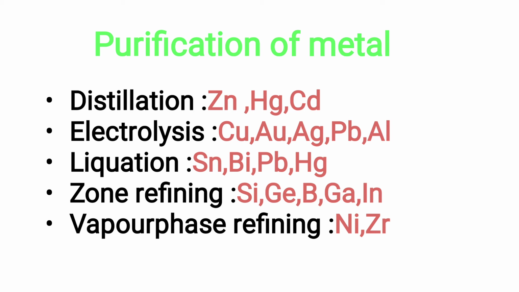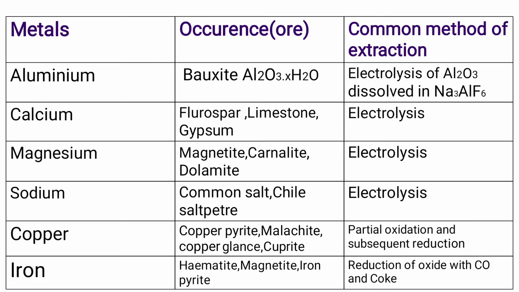It is used for the purification of silicon, germanium, boron, gallium, indium, etc. The final one is vapor phase refining. Examples are the Mond process for the refining of nickel and the Van Arkel process for the refining of zirconium. Now let's see some metals, their ores and how they are extracted.